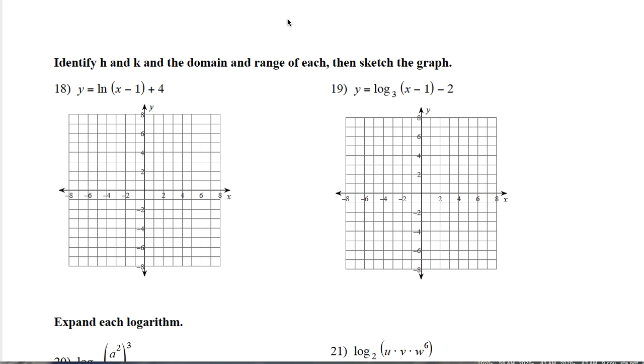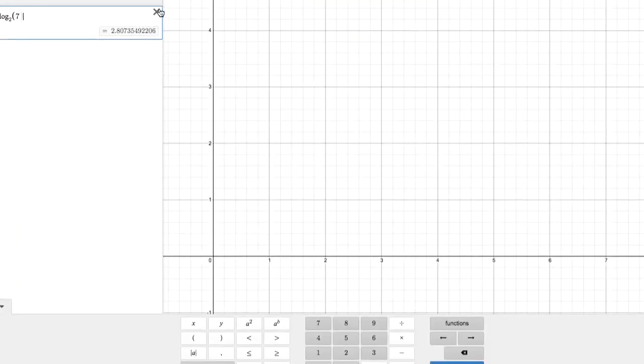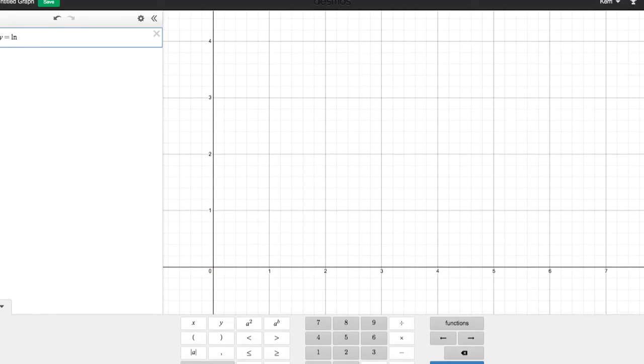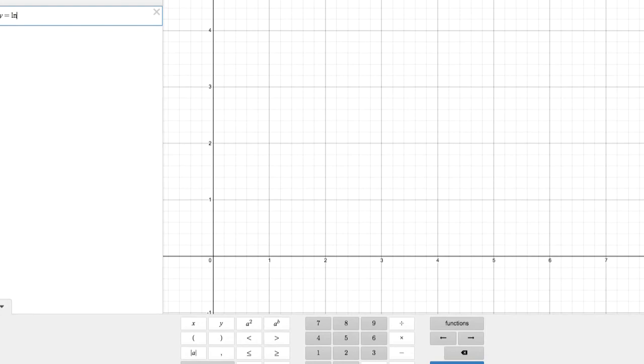So if I go to the natural log, ln, natural log of x minus 1 plus 4. So go to our Desmos graphing calculator. We want it to be y equals the natural log ln of, what was it? x minus 1 plus 4. We have to make sure our parentheses are x minus 1, close our parentheses, plus 4.